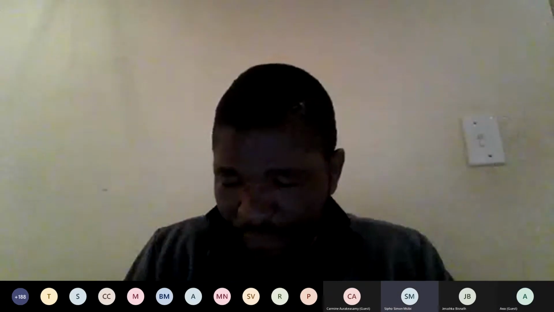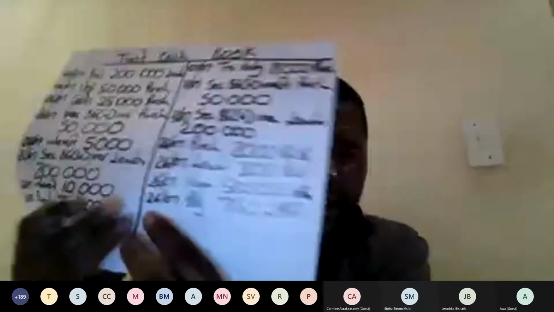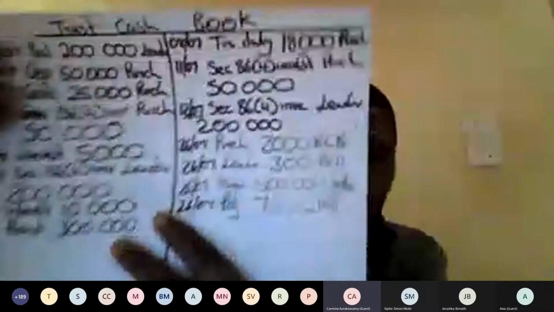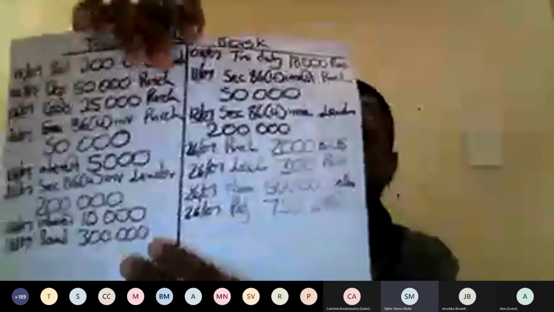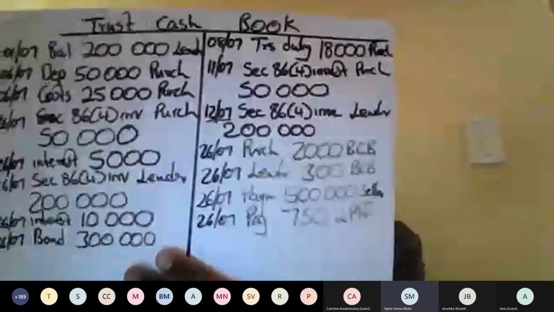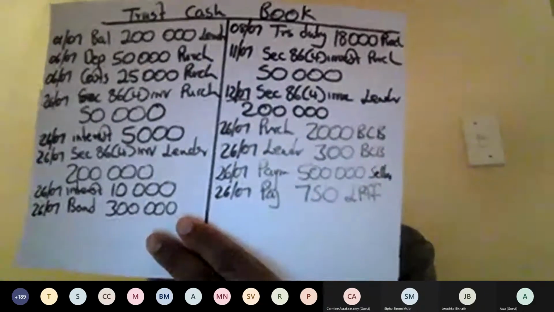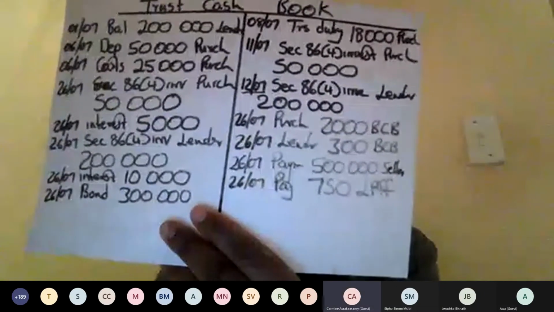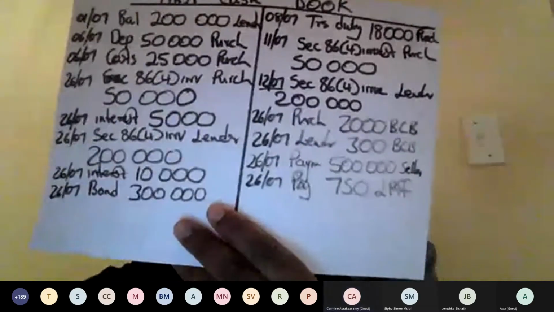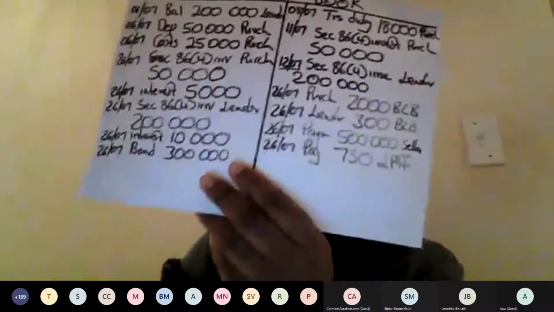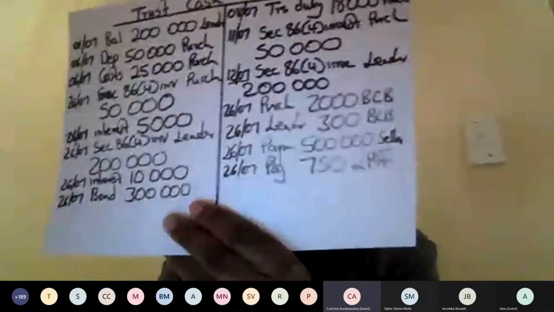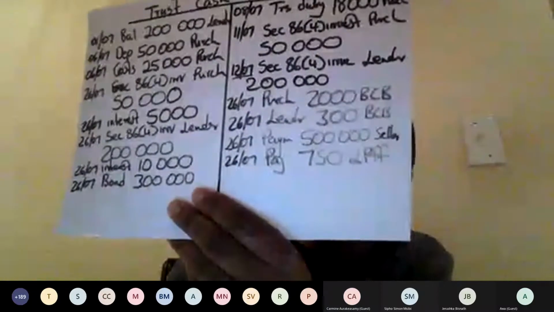We are paying LPFF. Payment 750, you are paying Legal Practice Fidelity Fund. And now you go to the Legal Practice Fidelity Fund section 86.4 interest account. Because you credited your trust cash book, there you are going to debit.